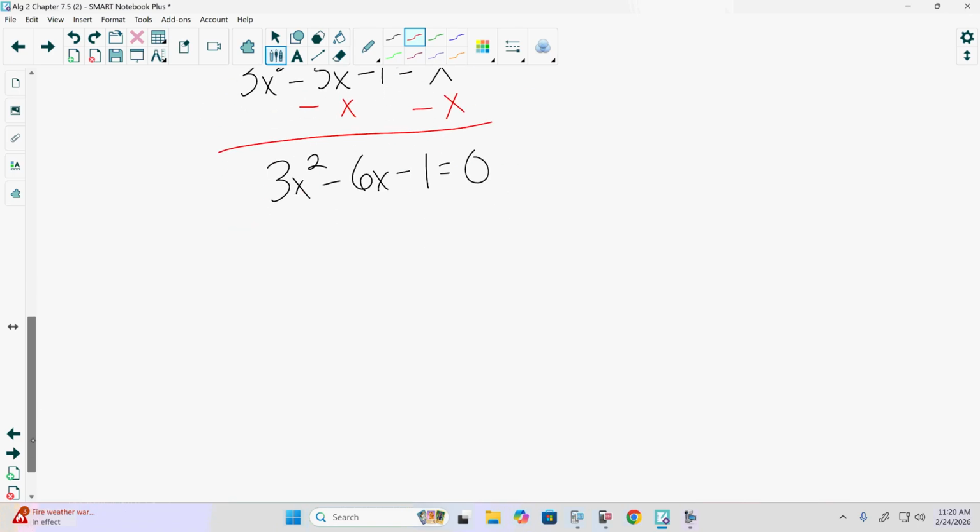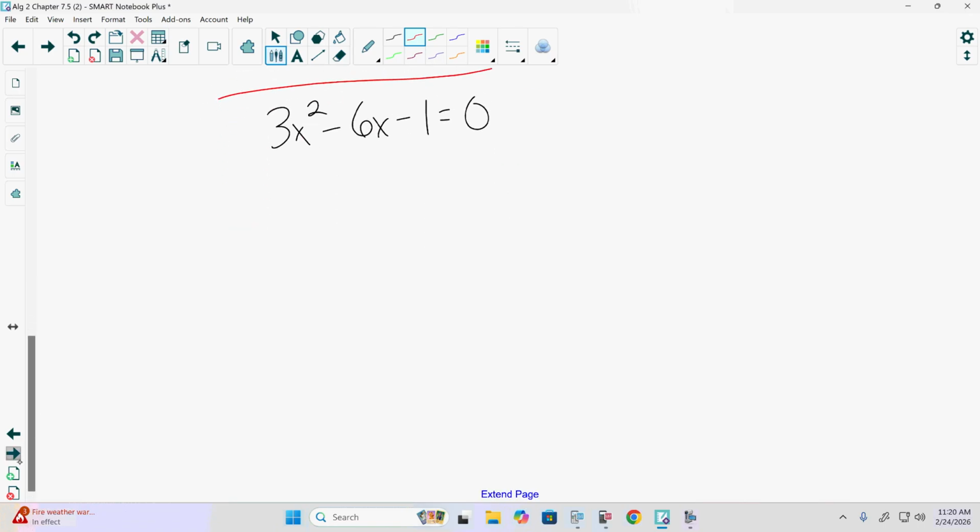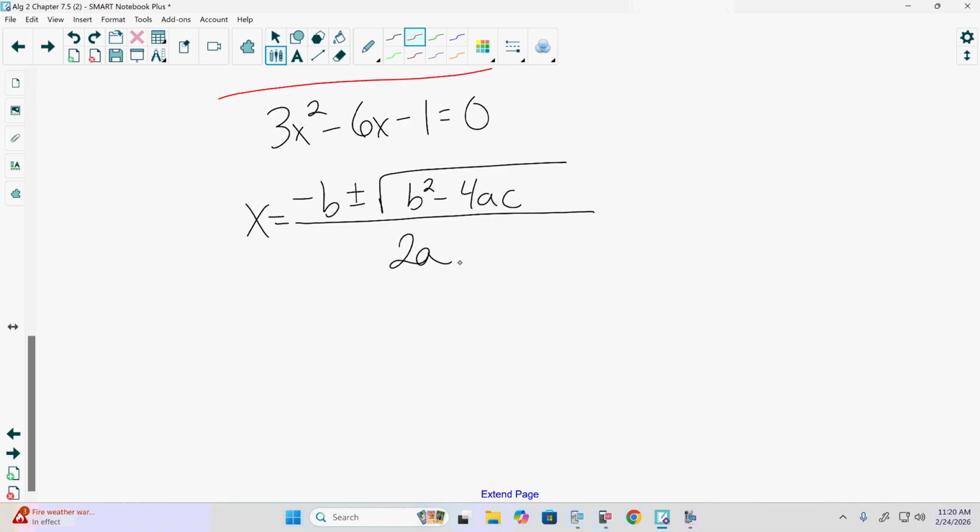Is there a greatest common factor between these three terms? And it's also looking like there's not a good way to get the factors of 3 and 1 to make it be 6. Quadratic formula.